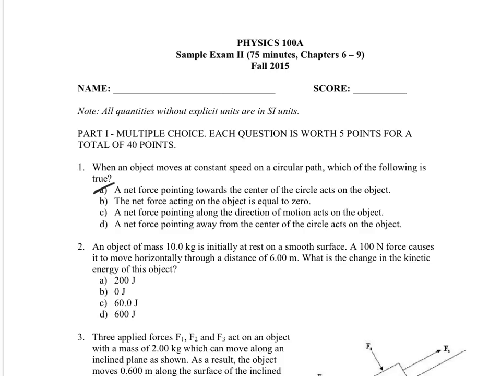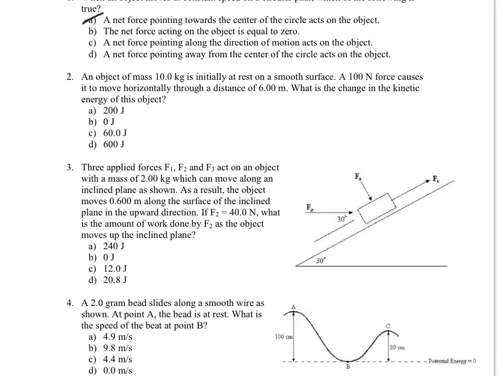Let's see, number 2. An object of mass 10 kg is initially at rest on a smooth surface. So you have a smooth surface and you have a 10 kg object. Now, a 100 Newton force causes it to move horizontally through a distance of 6 meters.